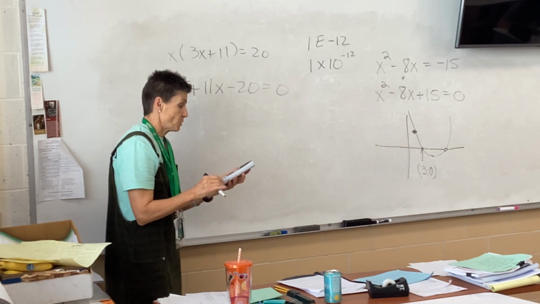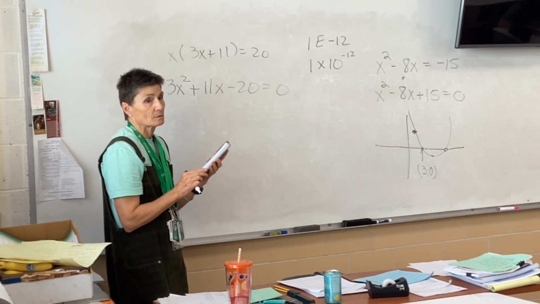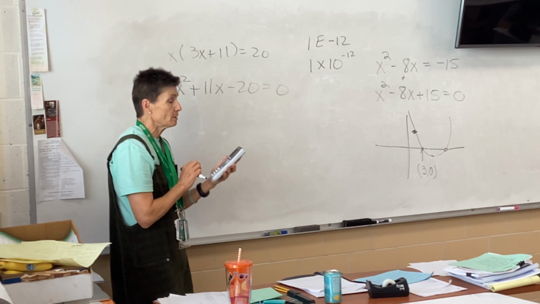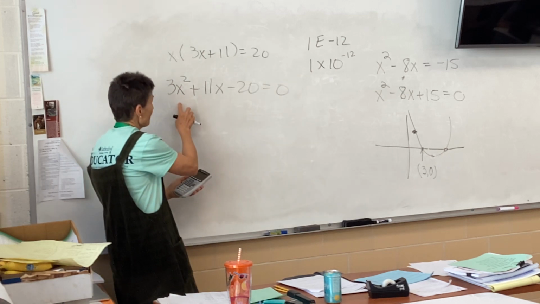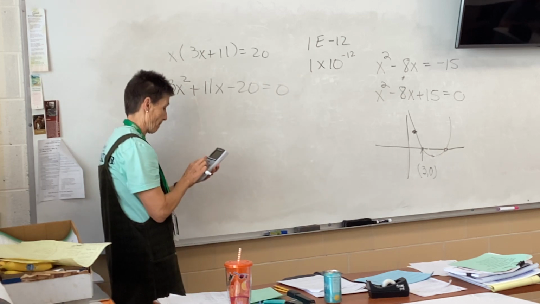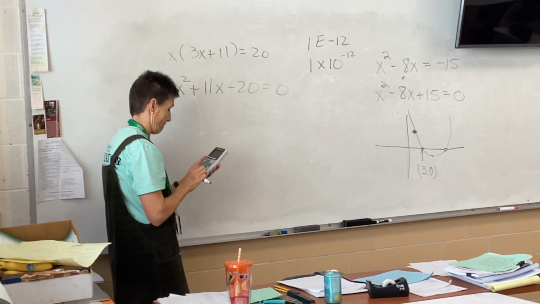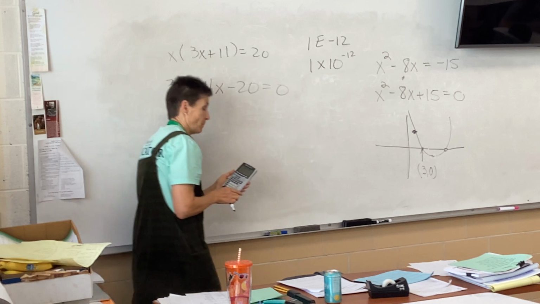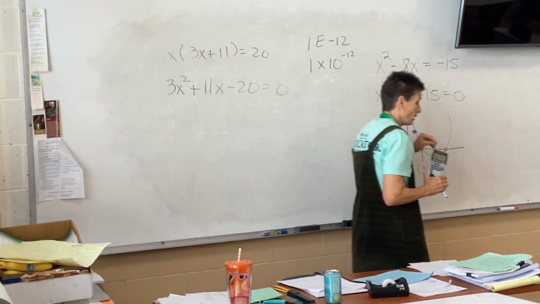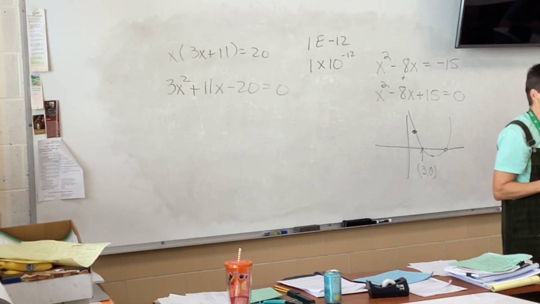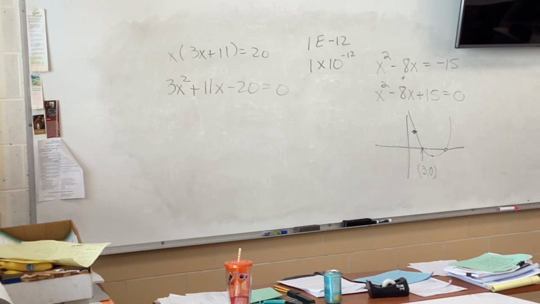Alright, so now I'm going to y equals, and I'm gonna hit clear, and I'm gonna type in that equation. Remember, if you want your calculator to graph something, you gotta put in y equals, you gotta tell it. Y equals, that's what I want you to graph.